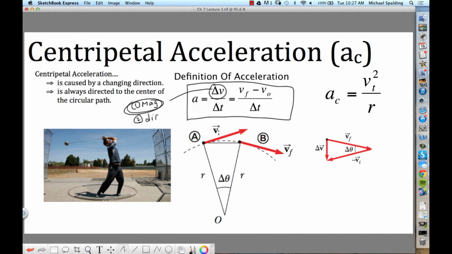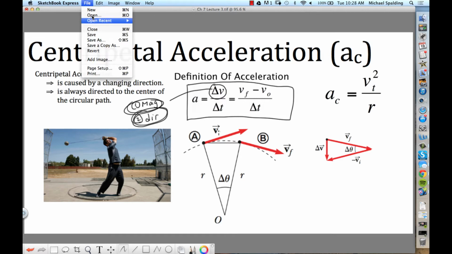Now what we're talking about is what about a change of velocity because the direction changes? Well, that's referred to as a centripetal acceleration. The word centripetal means center seeking. Centripetal means center seeking.